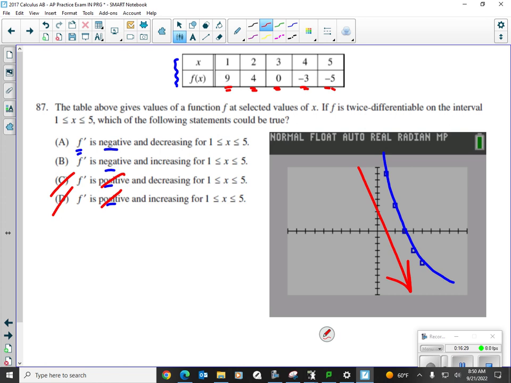For A and B, if f prime is negative, and it's either decreasing or increasing, this is a rate of f prime. And a rate is the same thing as the slope of f prime, which is also the second derivative, which is concavity. If it's increasing or positive, it's going to be a smiley face.